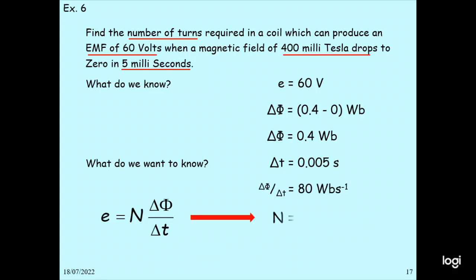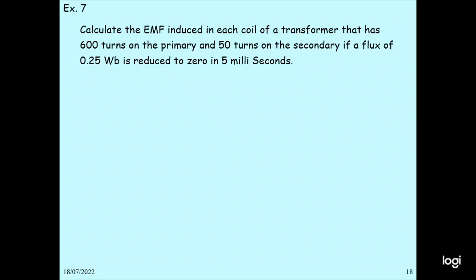Calculate the EMF induced in each coil of the transformer that has 600 turns on the primary and 50 turns on the secondary, if the flux of 0.25 weber is reduced to 0 in 5 milliseconds. What do we know is that this is a transformer, so this is the primary and secondary coil. In this case, the primary is 600 turns, the secondary is 50 turns. So NP is 600 and NS is 50.